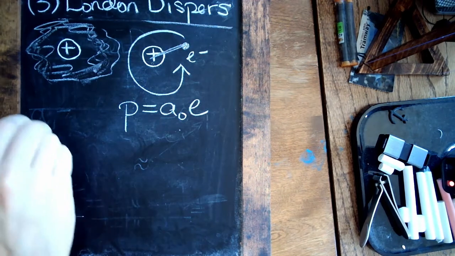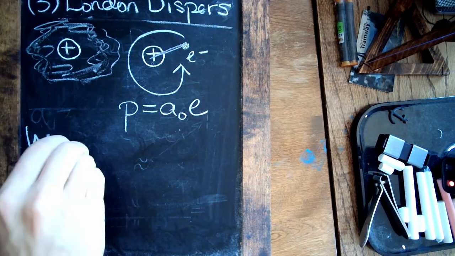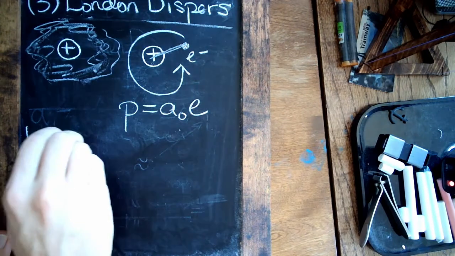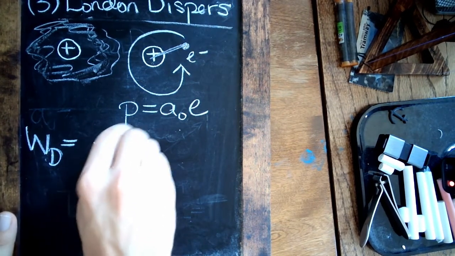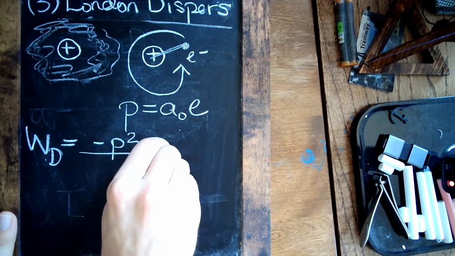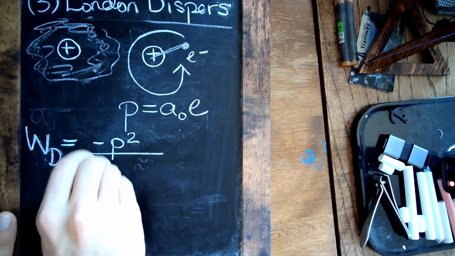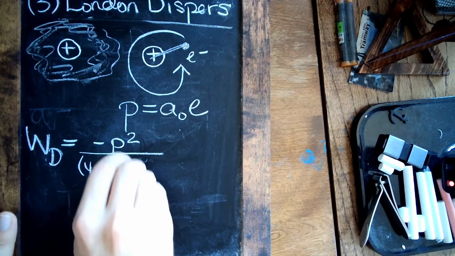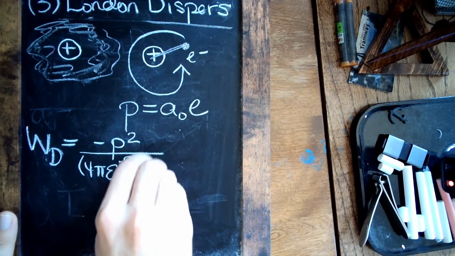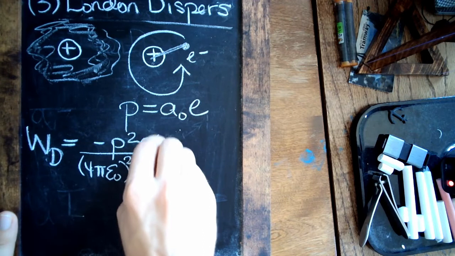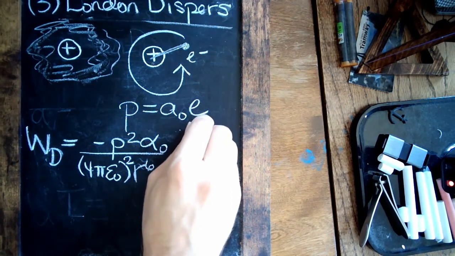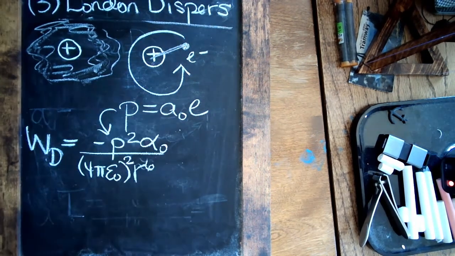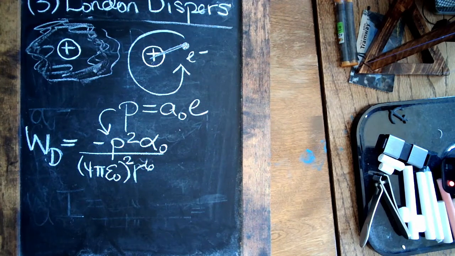The Debye energy, which I'll call W sub D, just to remind you, was the magnitude of the dipole squared divided by the constant squared, r to the 6th, multiplied by the polarizability of the atoms. So if we take this expression and plug it in, then we're most of the way there.